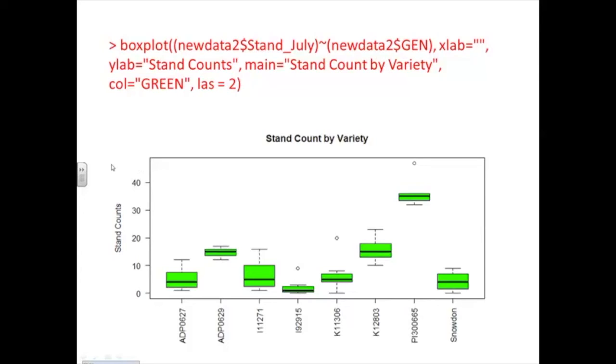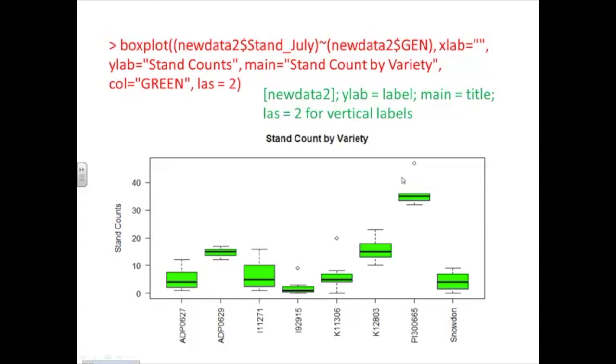So now we get a feel for the distribution of our data under inoculated conditions by variety. And what we see is that we appear to have some variation in there. Right? We appear to have some where we don't get much of a stand count and some where we do. Right? Okay. So we still have done no statistics. We're just sort of visualizing the data.